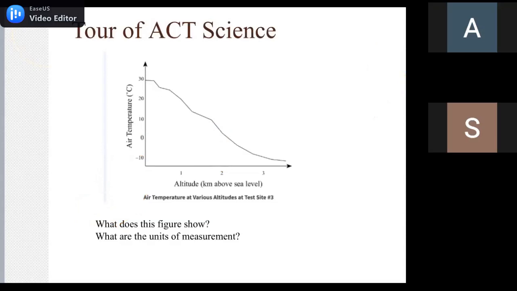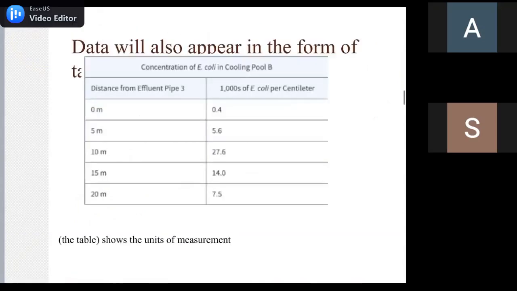Let's see another one. Is this the research summary or the data representation? Data representation. Very good. So just go through the data and then I'll ask you a question. What does this data tell you about?